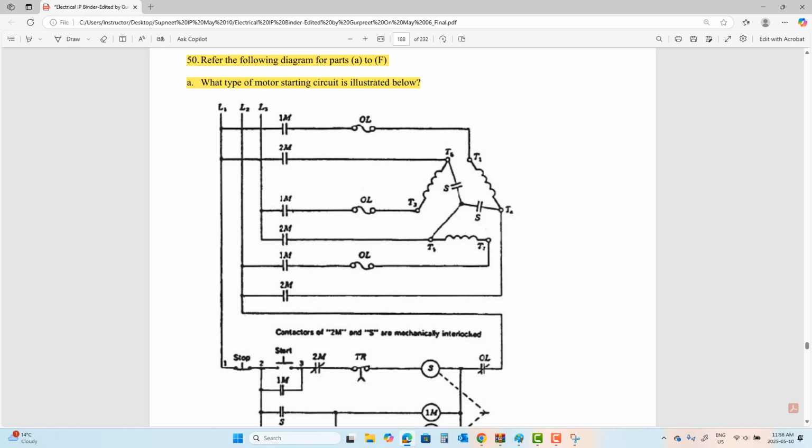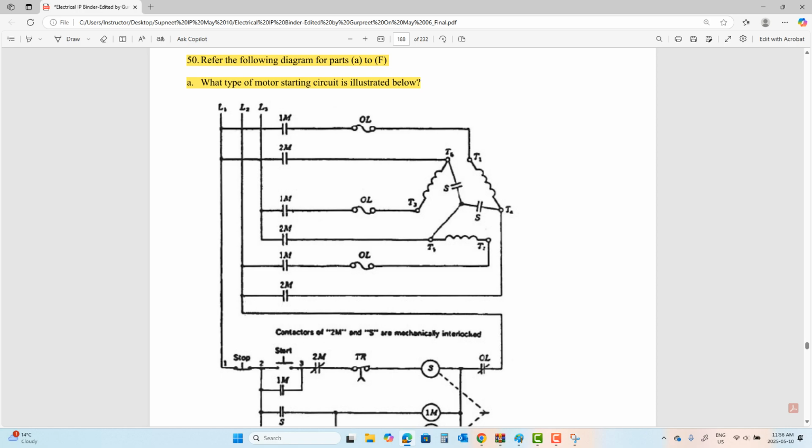Time delay is happening so that we go through the cycle of inrush. And after the time delay, the 2M coil is actually being energized, means now delta is being converted into Y. In a nutshell, you're kicking the motor control center out so that the motor is directly connected to the source. There is no starter in the middle anymore.